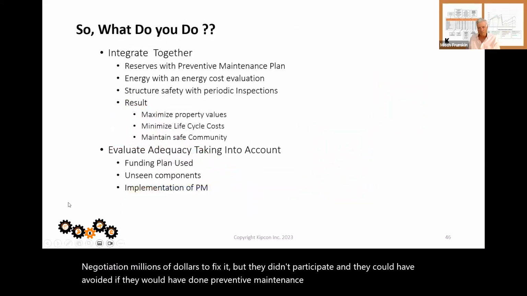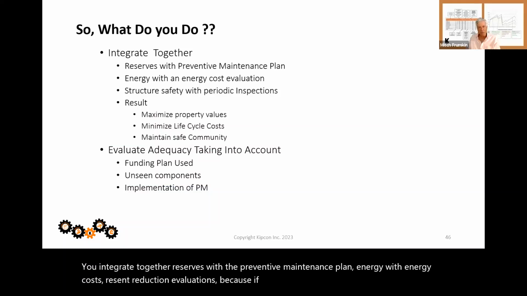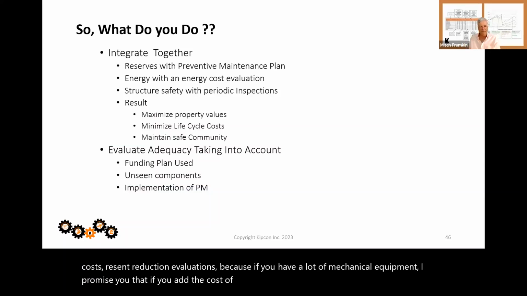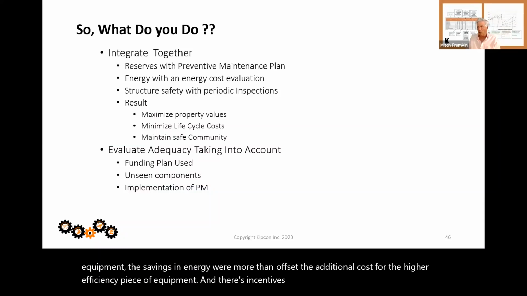So what do you do? You integrate reserves together with the preventive maintenance plan, and energy with energy cost reduction evaluations, because if you have a lot of mechanical equipment, I promise you that if you add the cost of energy and go to a higher efficiency piece of equipment, the savings in energy will more than offset the additional cost, and there are incentives out there that will help you even more.